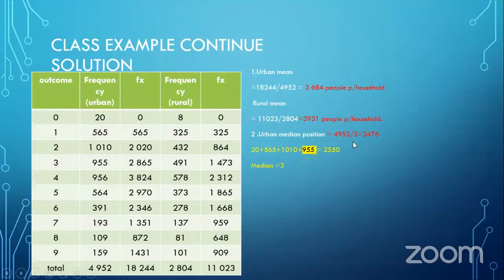If it did not pass the amount, say it was 2,300, which is below it, we would need to add the 956 again so that it passes. Then our median would become 4. Are you getting my point?